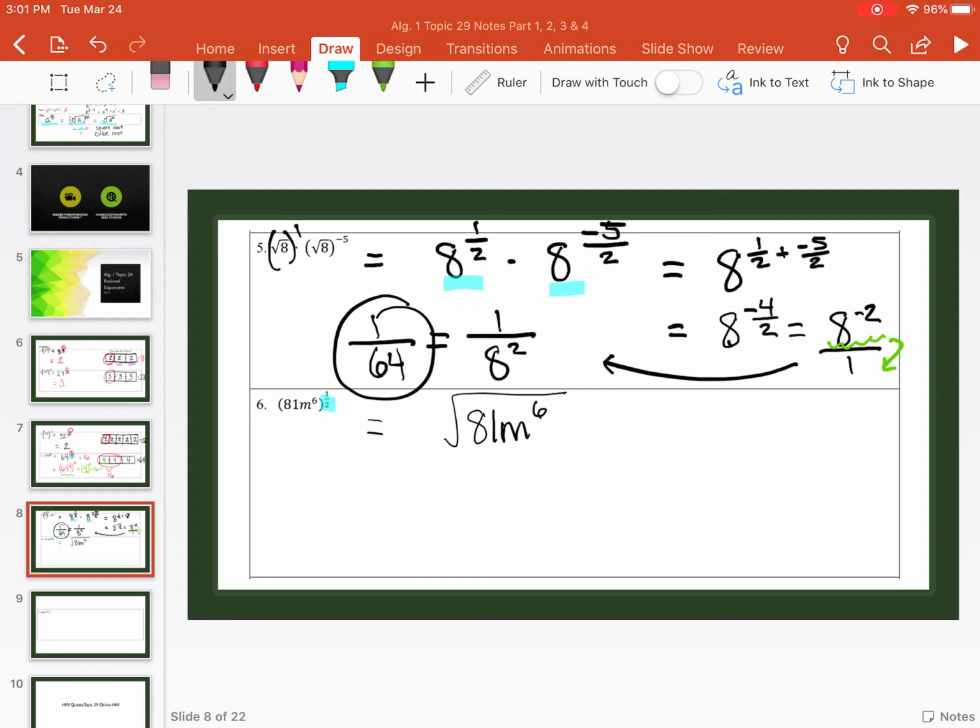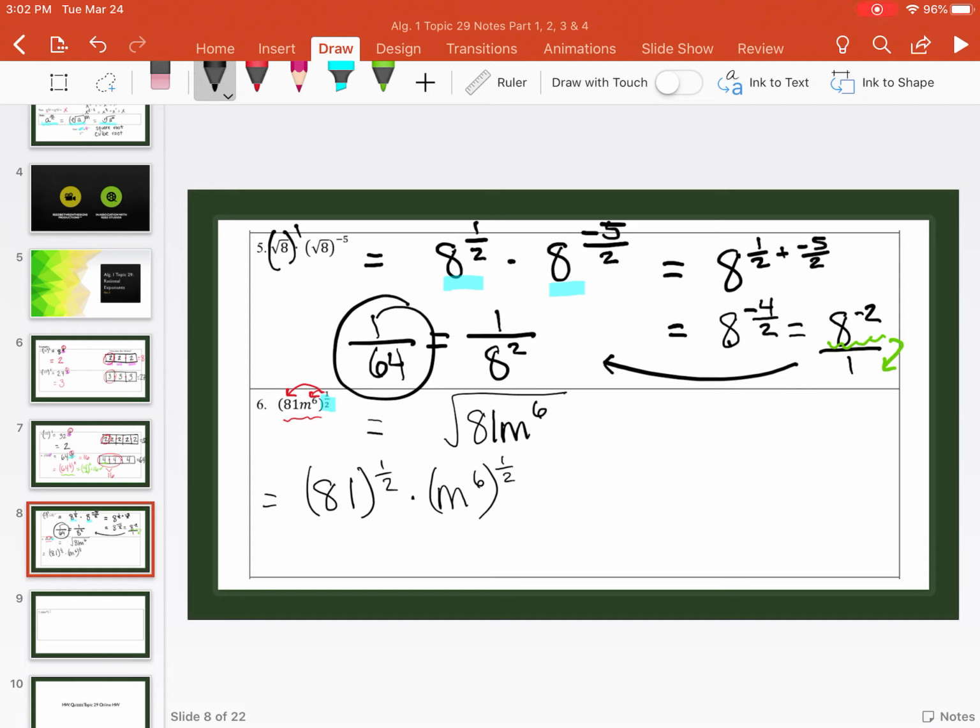So we know, using our property of exponents, if we have everything raised to the 1/2, we can distribute that to every single factor of this entire product. So this is going to be the same thing as 81 to the 1/2 times m to the 6th to the 1/2.